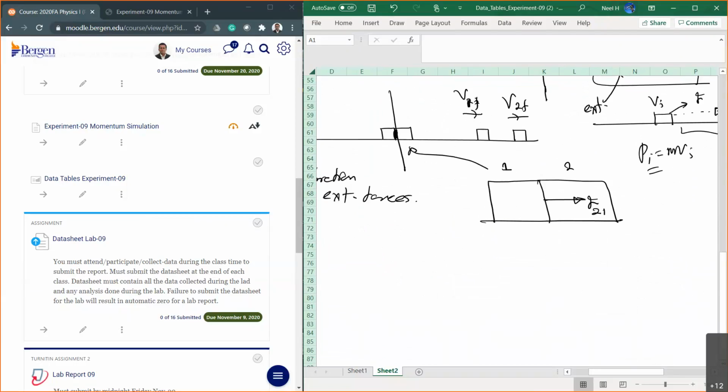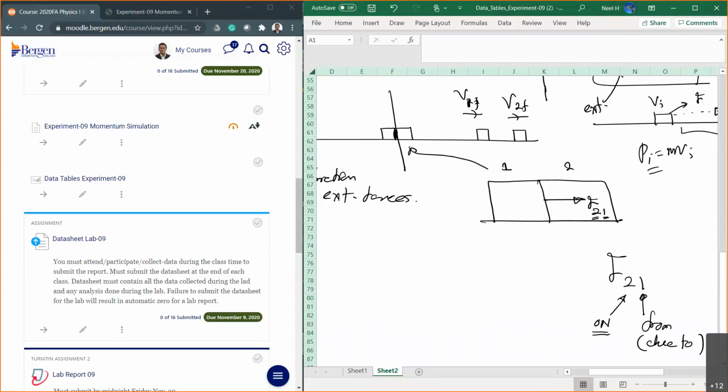The first number tells you which object the force is acting on: object number two. The second number tells you where the force is from, due to which object. So this is not 21, this is force 2 1: the force acting on object number 2 due to object number 1.